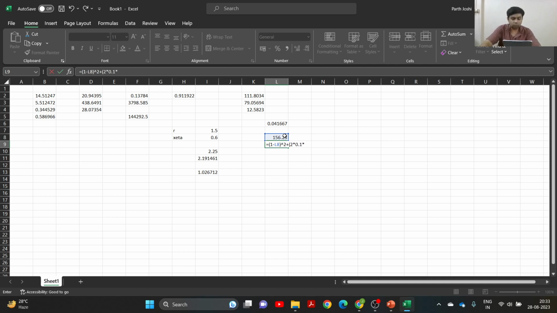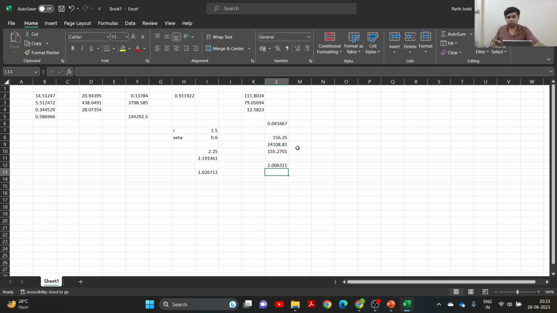So the ratio of z by y is the ratio of these two quantities.